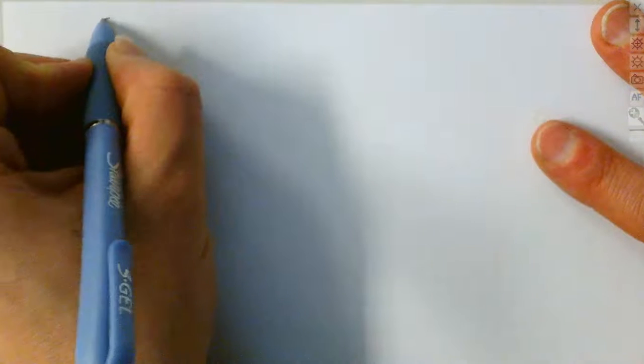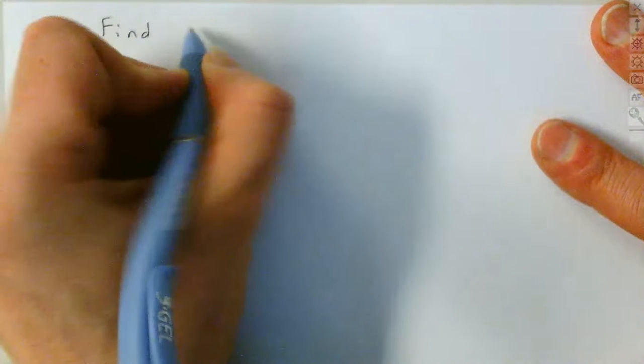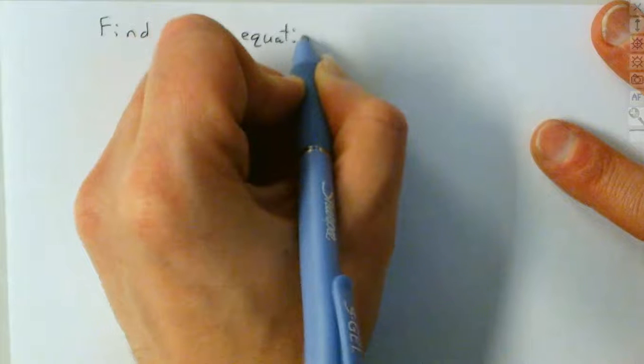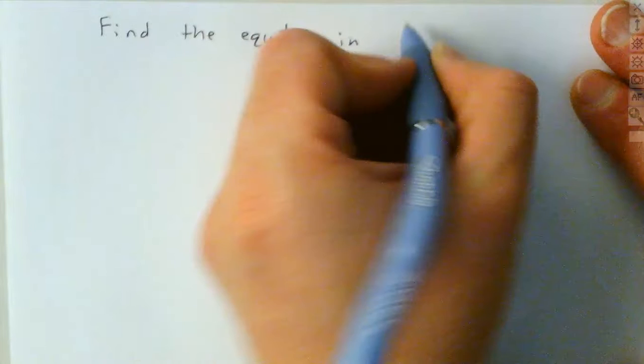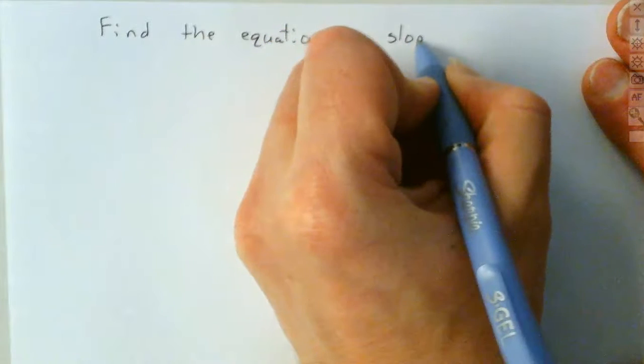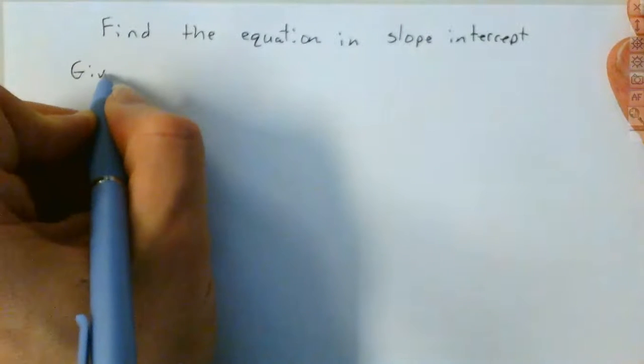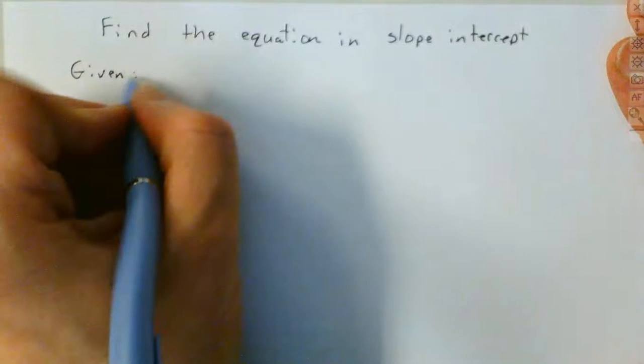And again, we're still in 3-5. And I'm going to have you find the equation, and let's do this one in slope-intercept. And let's say you're given this point.